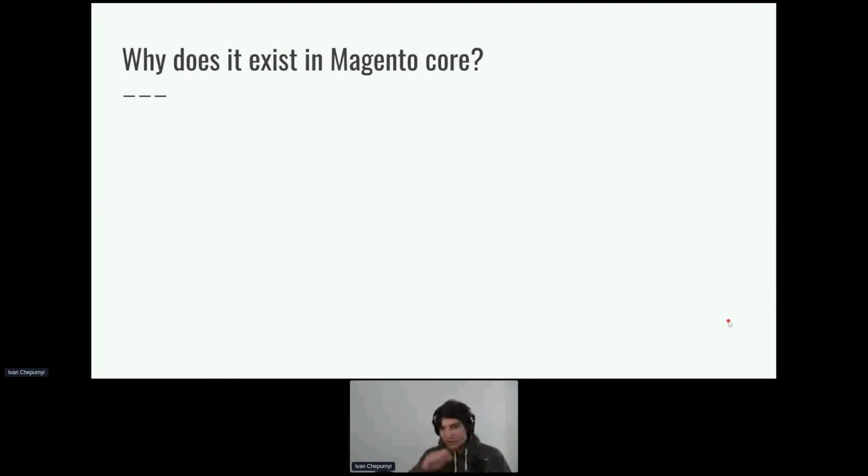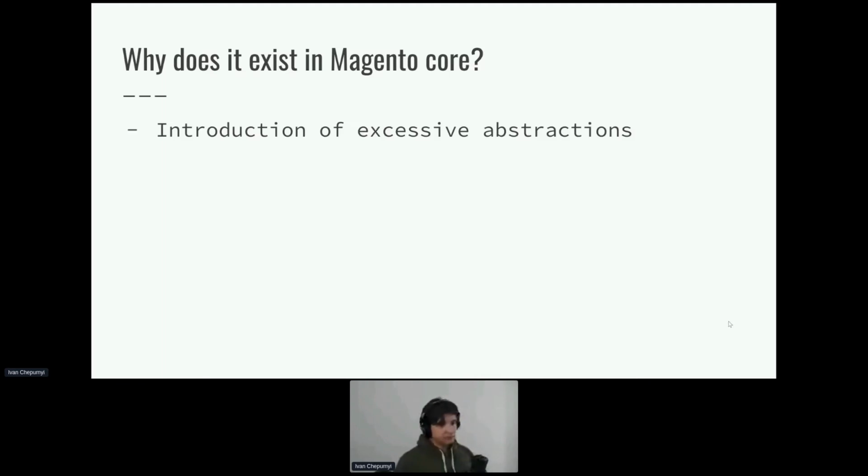So why do we have those kinds of N+1 problems in Magento core? This is a little bit of my musings on the topic. It's not something that I would say is a definite answer, it's just my speculation on why it might happen. First of all, there are a lot of abstraction levels. In a standard Magento install, you have entity repositories using some kind of collection processors.